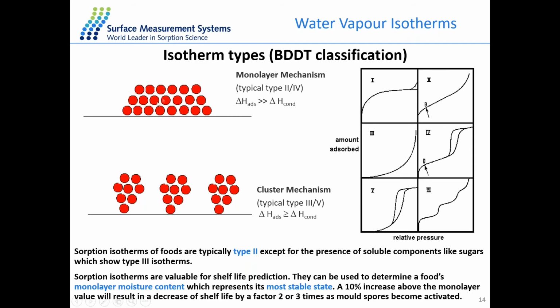In the case of the monolayer region, the monolayer content is considered the most stable state, and we can use this isotherm to predict and optimize shelf life conditions, and also calculate some other properties of this solid material.